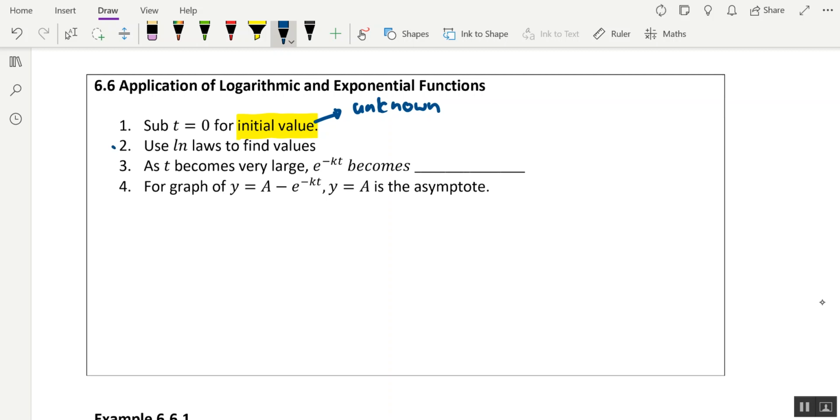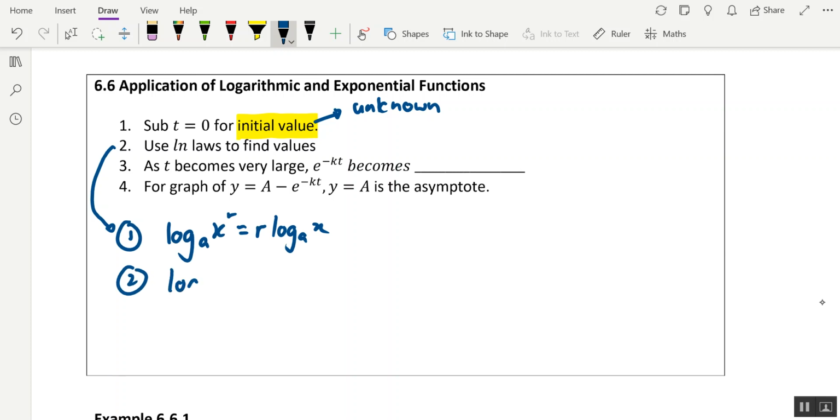Number two, use ln and log law. For log and ln law, you must know. Number one is the power law. That means log base a of x to the power of r, the r can come down, r log a x. Number two, if you combine log a u plus log a v, it is equal to log a uv.